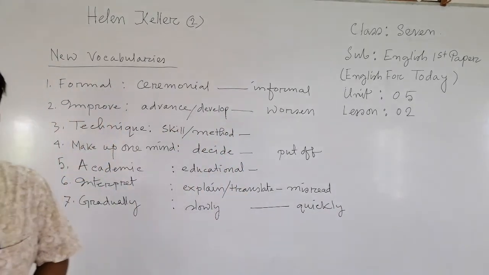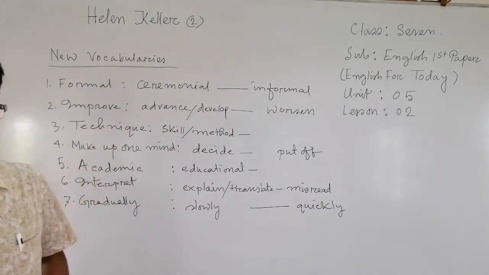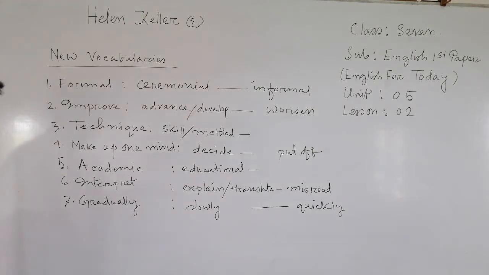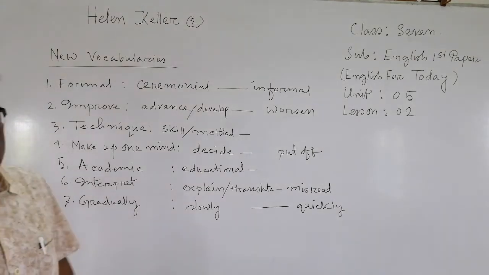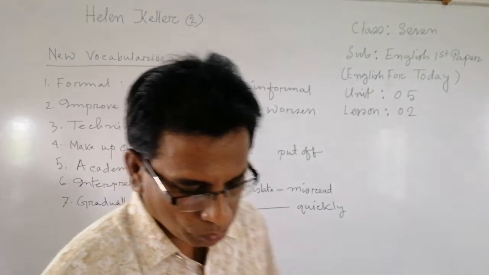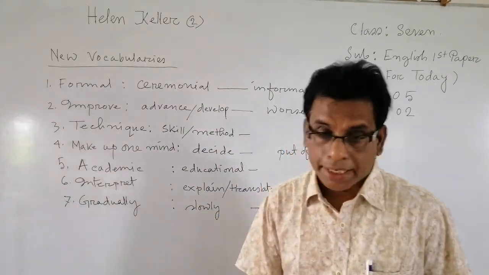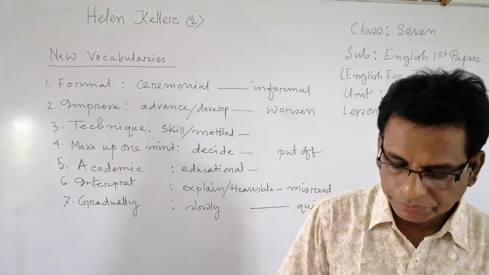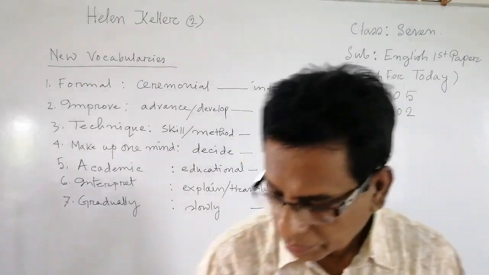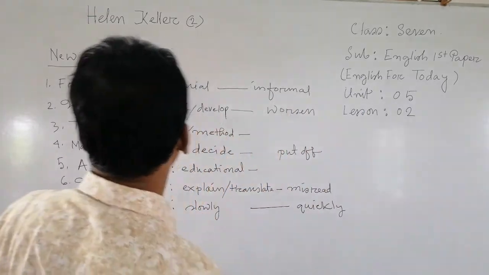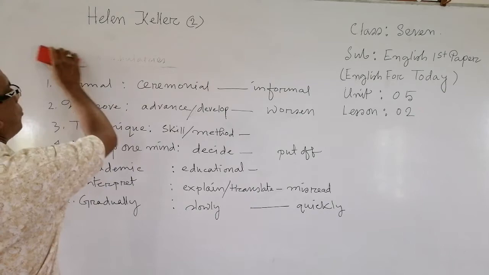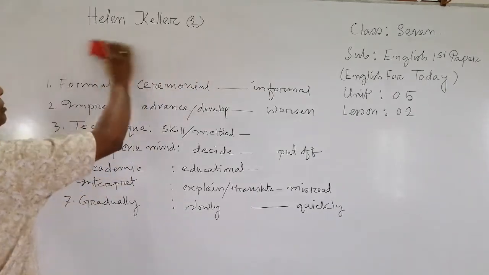So, my dear students, you have learned some vocabularies of this lesson. So now I will give you two questions on the whiteboard, and you will think about these questions.